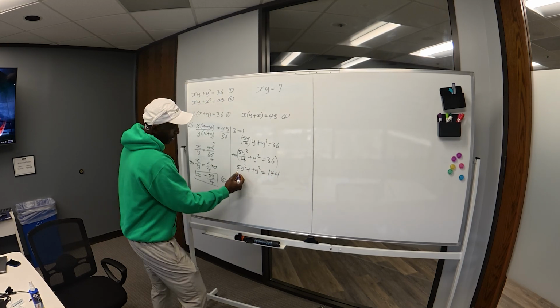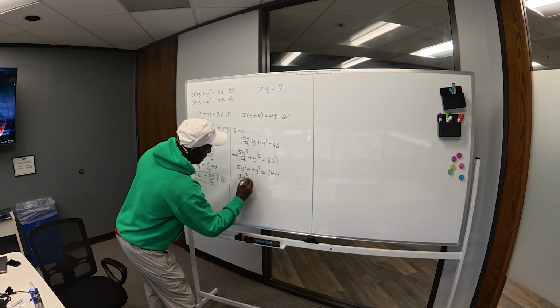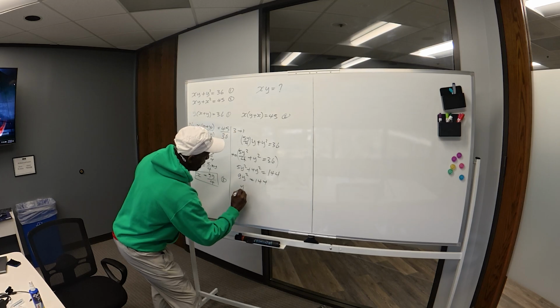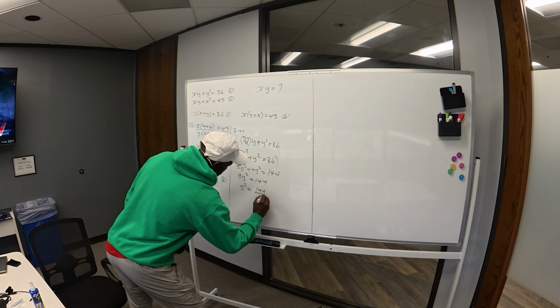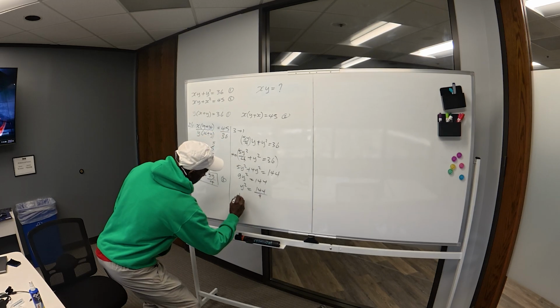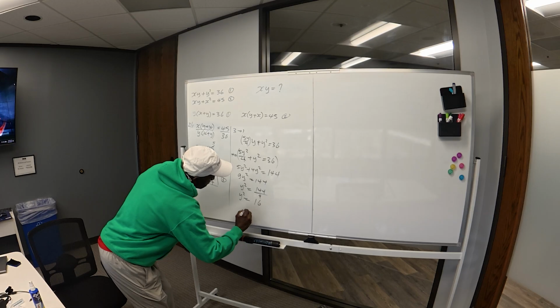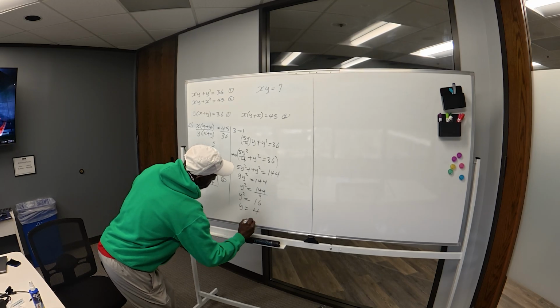So now we have 9y squared is equal to 144. Then y squared is equal to 144 over 9, and y squared is equal to 16. And y is equal to 4.